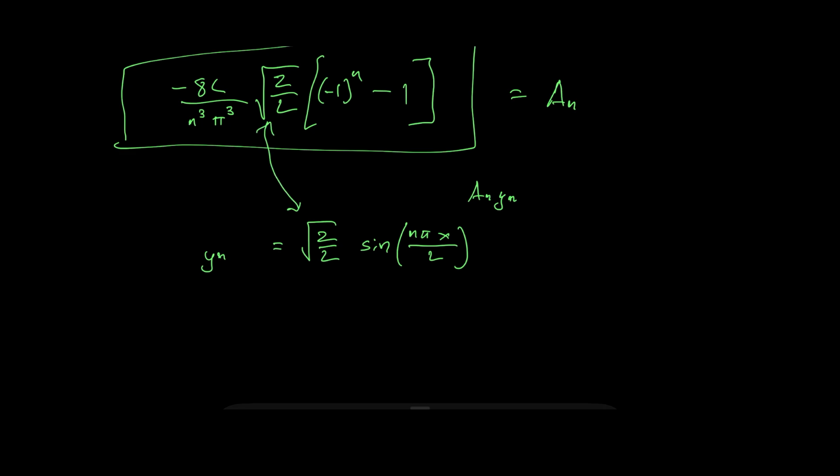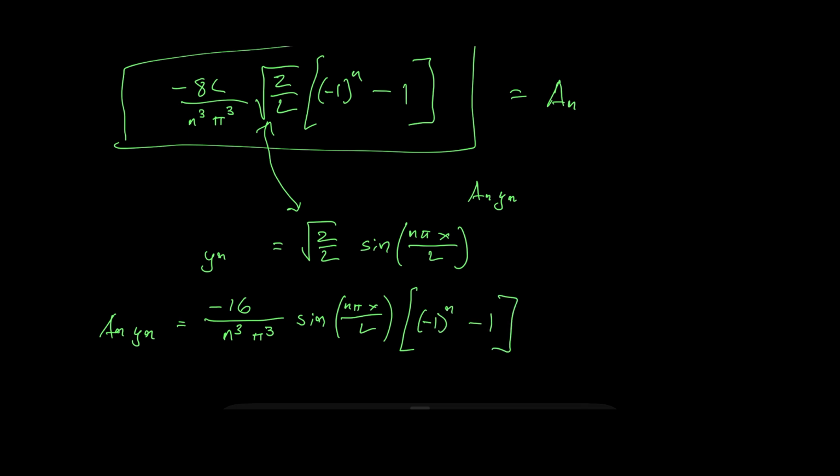We'll get a 2 over L. So we get a sub n y sub n equals minus 16 over n cubed pi cubed, sine of n pi x over L, times negative 1 to the n minus 1. And that is our a sub n y sub n.